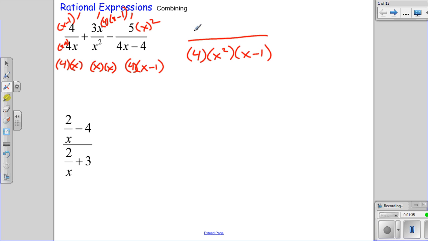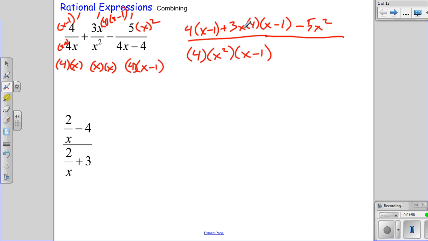So now I'm going to go through and rewrite the top, and I'm going to factor the top here. So better yet, let me first maybe write it out. So we have 4 times x minus 1. And then we have 3x, then times the 4, then times an x minus 1. And then the last one is a minus 5x squared.